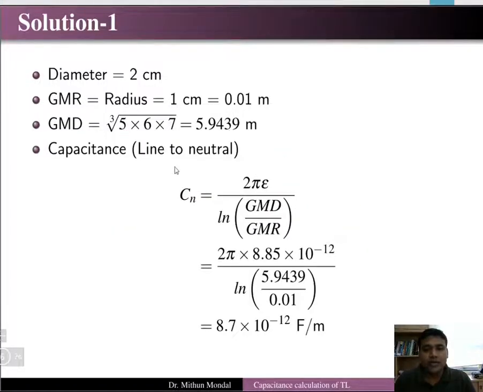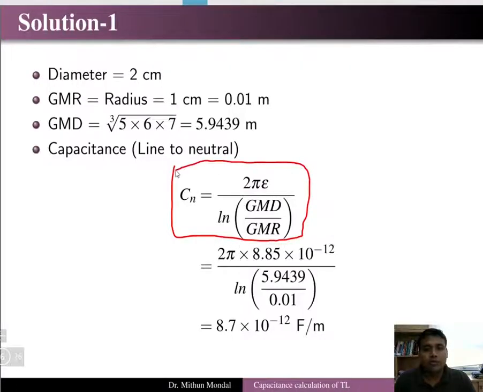Now after that we can calculate the capacitance with respect to neutral using the formula 2 pi epsilon divided by ln of GMD by GMR. So the GMD we have calculated as 5.9439 and the GMR we have calculated as 0.01 meter. So both units are in meter, and the value of epsilon is equal to epsilon naught epsilon r.